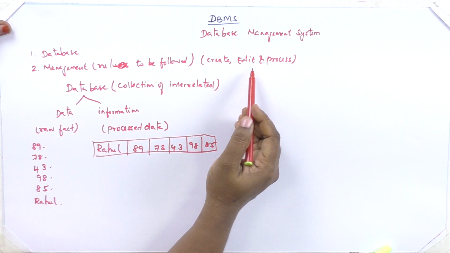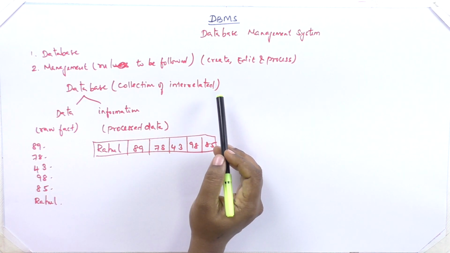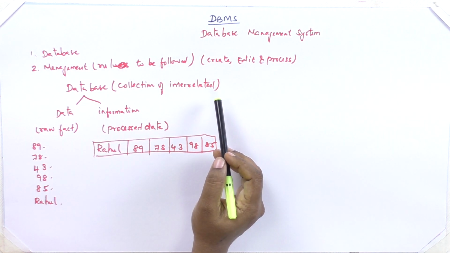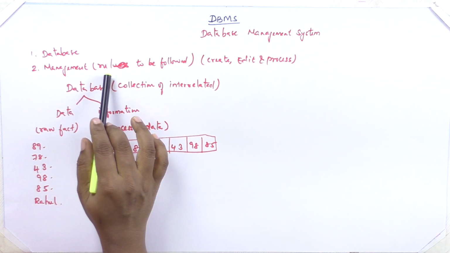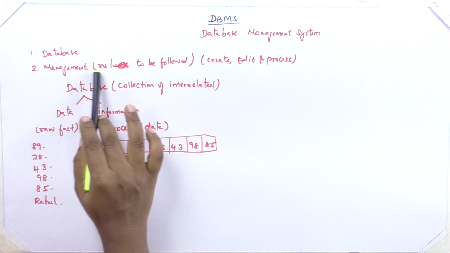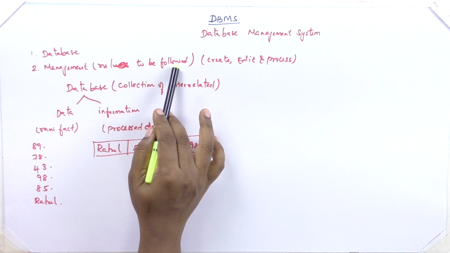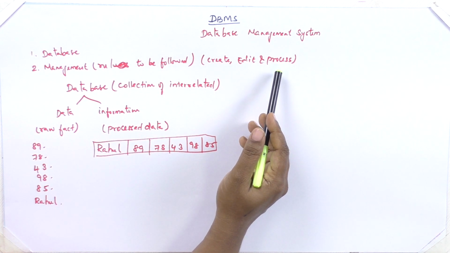These things can be done using the management system. So database is a collection of interrelated data, and management can be defined as a set of rules to be followed while creating, editing and processing the database.